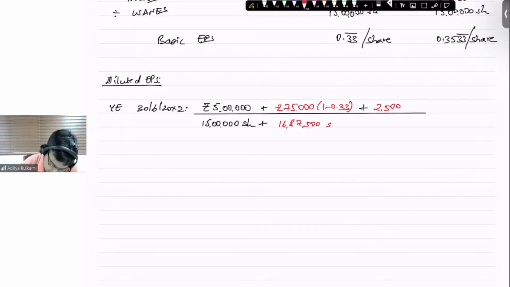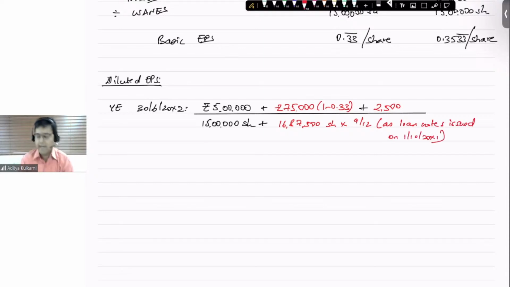16,87,500 shares. The loan was given on 1st October. So obviously potential shares also are coming into existence from 1st October, and that is why we will take 9/12 as loan notes issued on 1st October 20x1. Otherwise we take it for the full year, but here since the loan notes only came into existence in October, we are going to have to do this working.